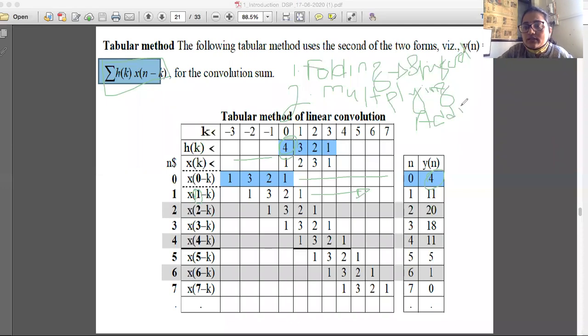These are the 4 different computations that we have to perform upon the signal. Therefore, this 4 gets multiplied by 2, so y of n will be equal to 4 multiplied by 2.